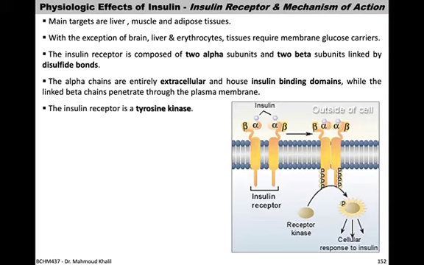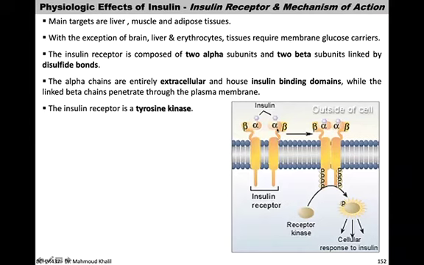The insulin receptor consists of two alpha subunits and two beta subunits linked together by disulfide bonds. As you can see from the figure, this insulin receptor is a monomer, and the insulin is not bound yet.